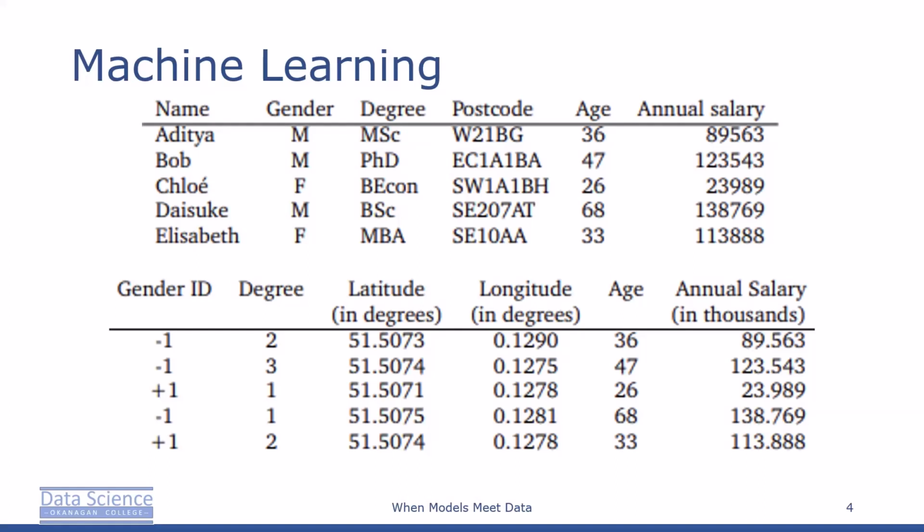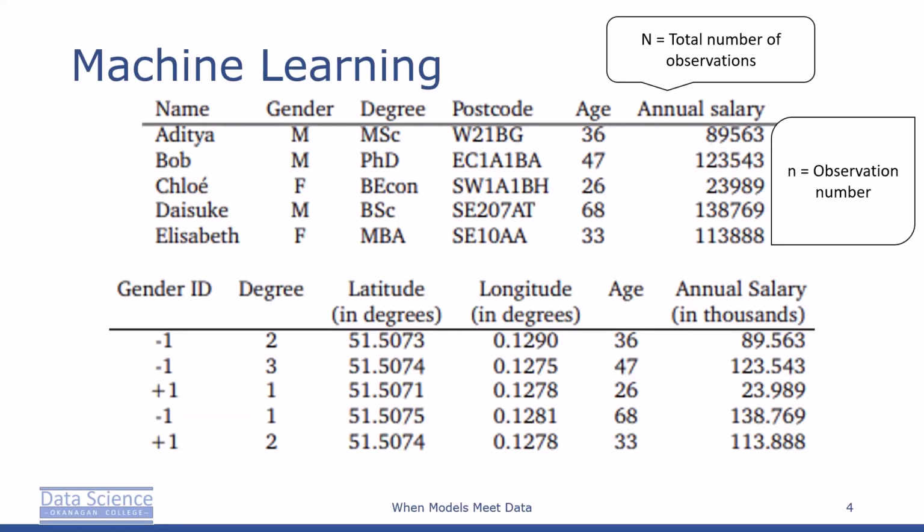As a convention, we will use capital N to denote the number of examples in a data set, and we'll index examples by a lowercase n. And we assume that we're given a set of numerical data represented as an array of vectors, as in the second table.